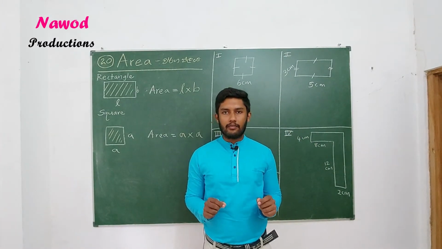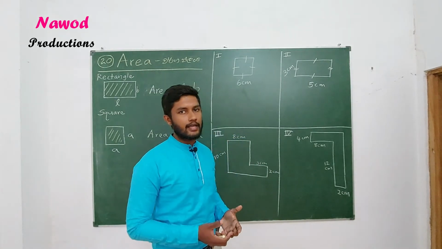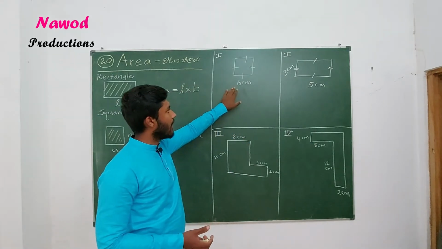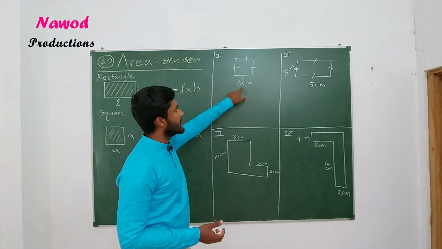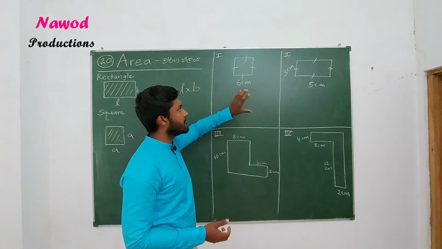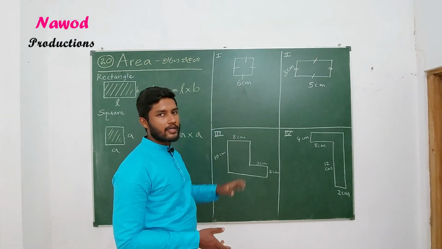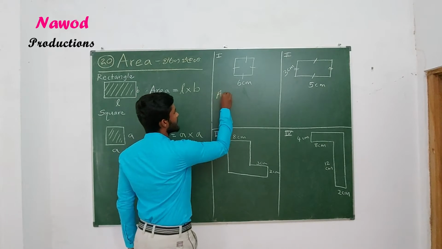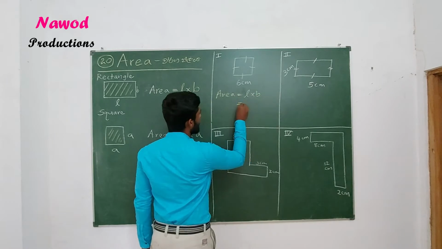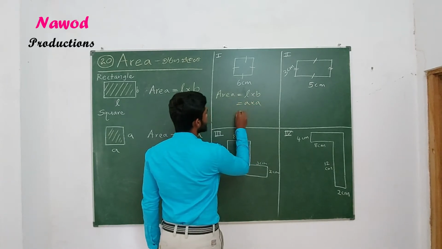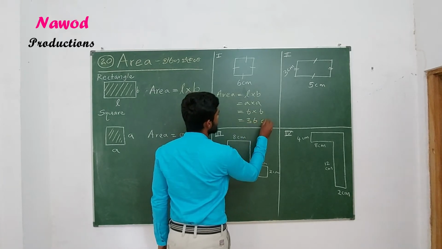Then we will go through some examples in this lesson, area. You want to find the area of a square of length 6 centimeters and breadth 6 centimeters. If one side is 6 centimeters, the other sides are also equal on a square. Then area equals length into breadth, that means A into A, that means 6 into 6, 36 centimeters squared.